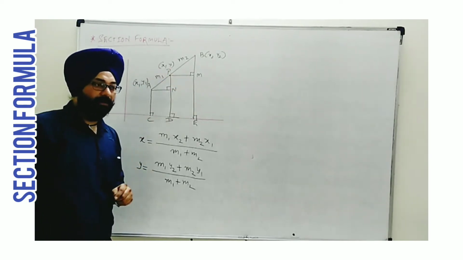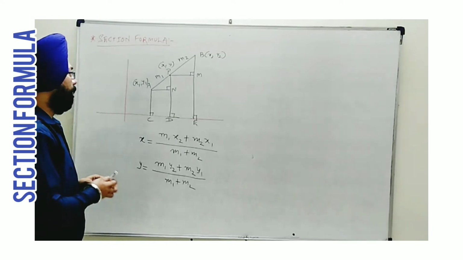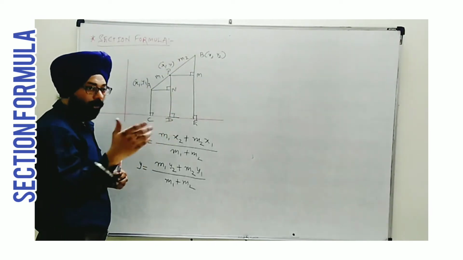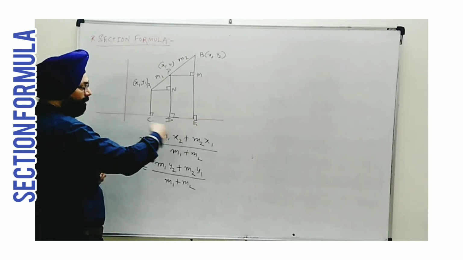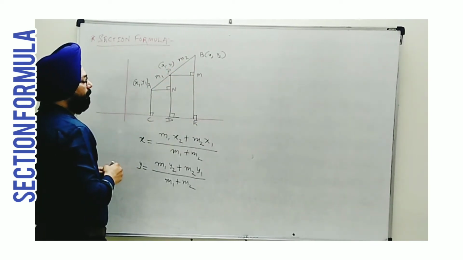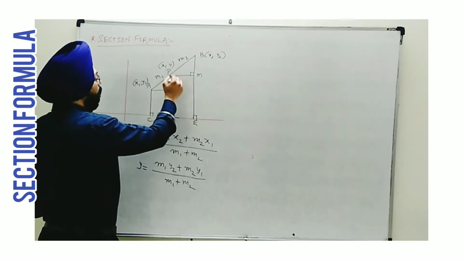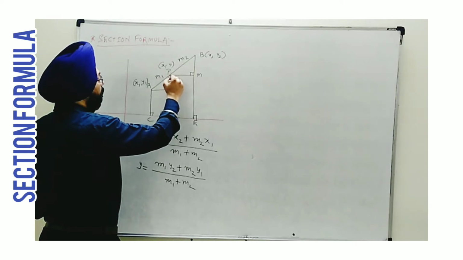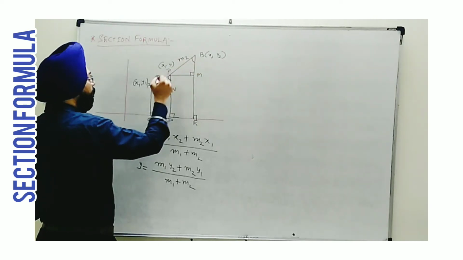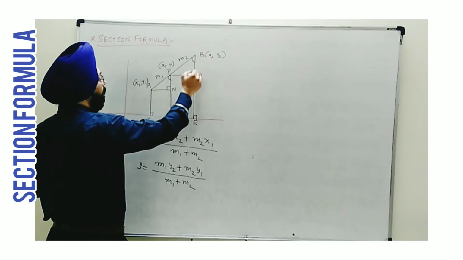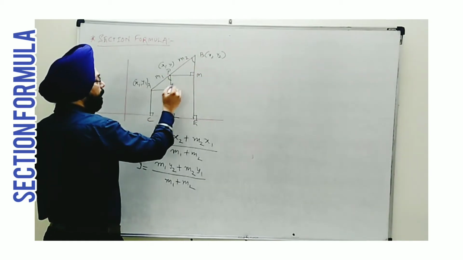Now if I apply the similar triangle concept here, we see that AC, PD, BE are all perpendicular to the same axis. That's why they are parallel. Since they are parallel, the angle A in triangle APN and the angle B in triangle PBM are equal, and 90 to 90.